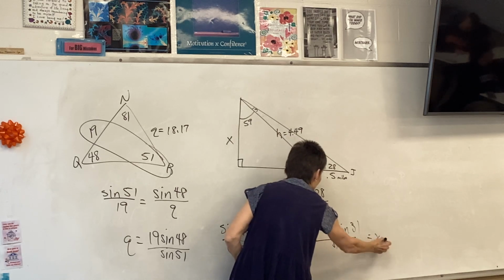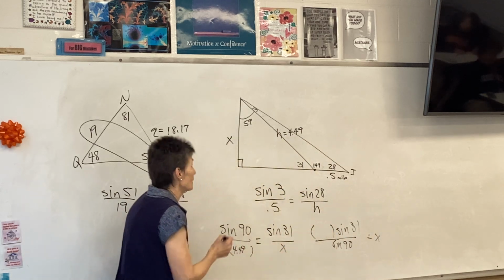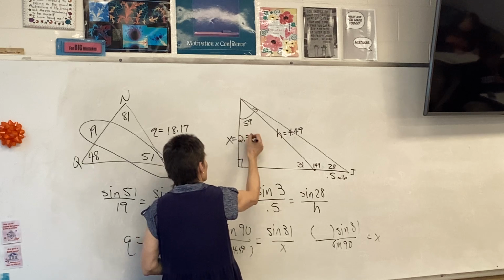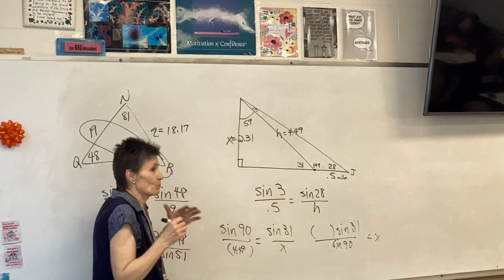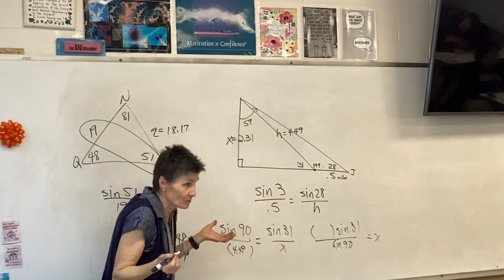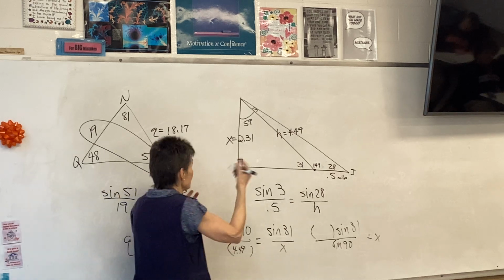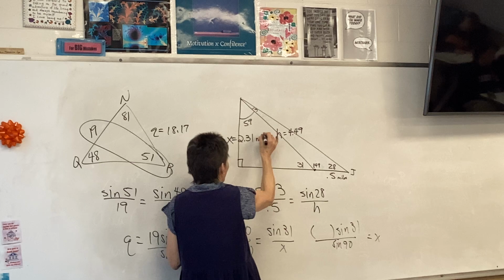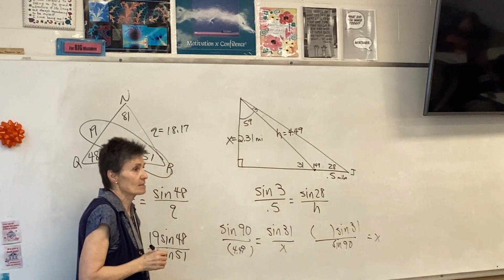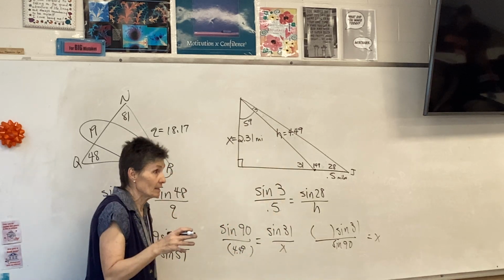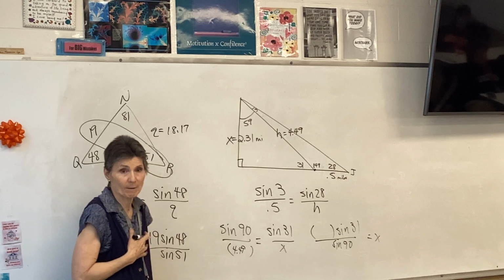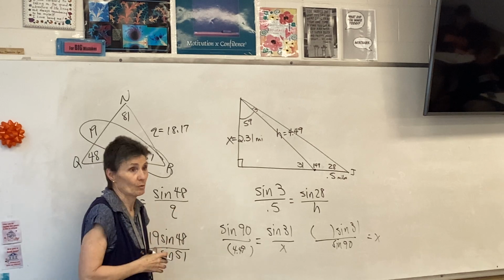I got 2.31. Now, it's ridiculous because that's miles, but it's because I made up this problem. So 2.31 miles tall is the building. The math is correct.